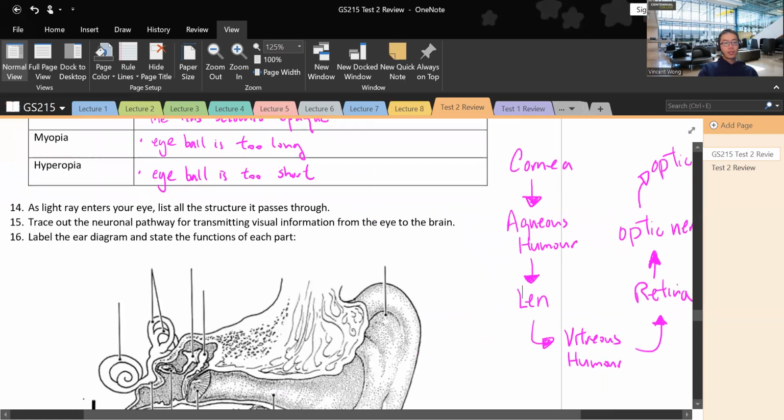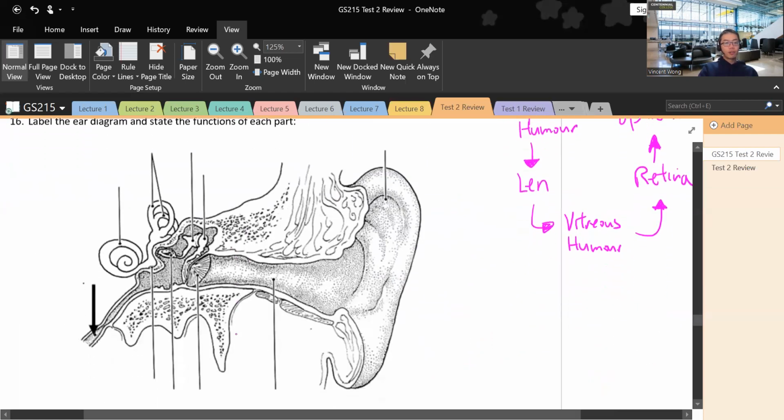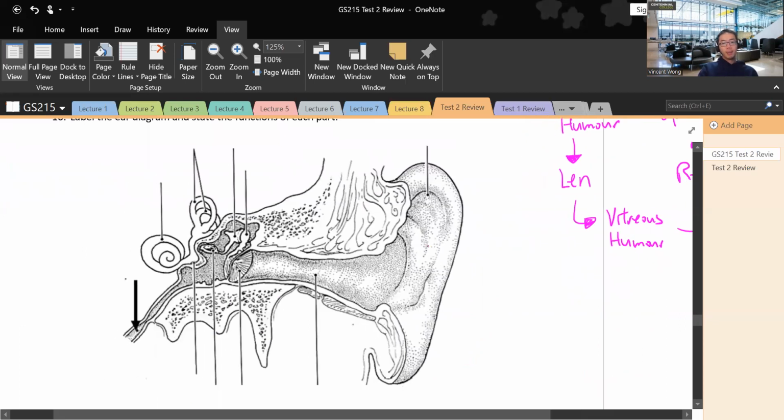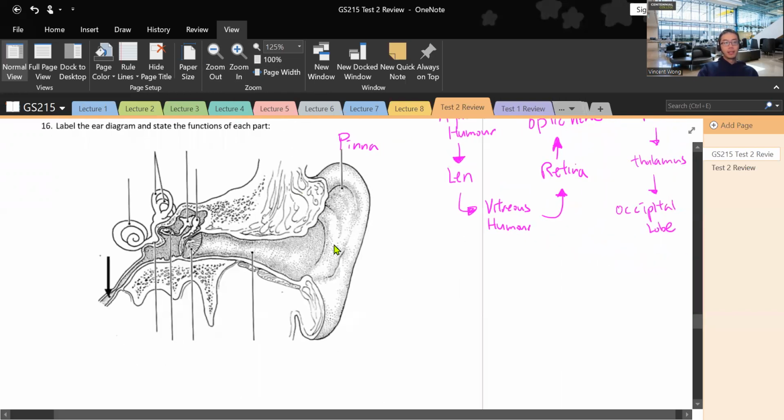Let's take a look at this. Label the ear and state a function of each. Okay, so we can do that. Start with the outside of the ear. This is the pinna, the external ear, right? This is the ear canal or the auditory canal.